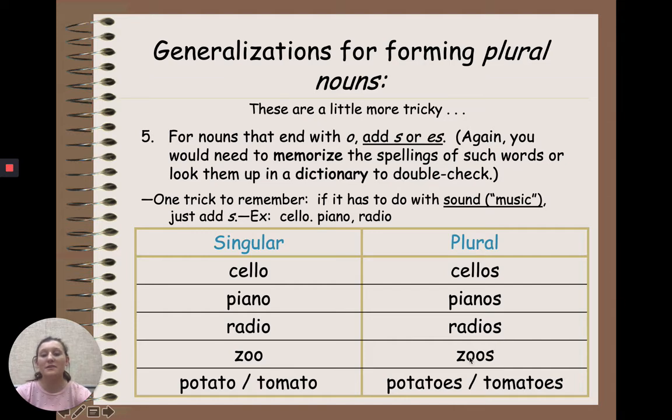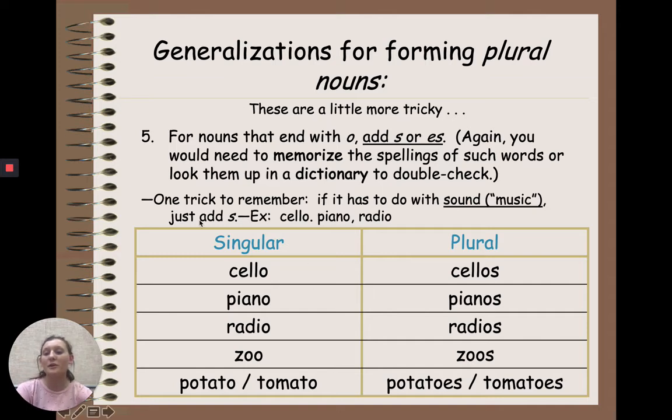But now we notice in this last one, we have potato or tomato, and this is one of those that we're actually going to add the ES on. And again, there's no special trick to this. It's just one of those things that you keep practicing and it starts to come very natural.